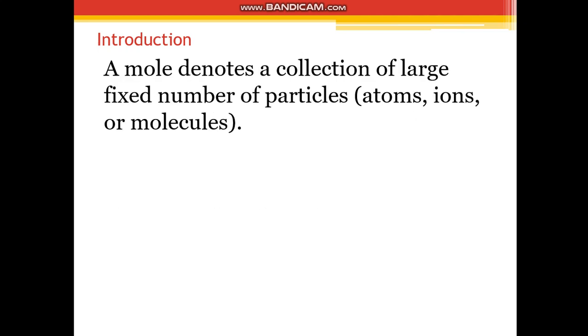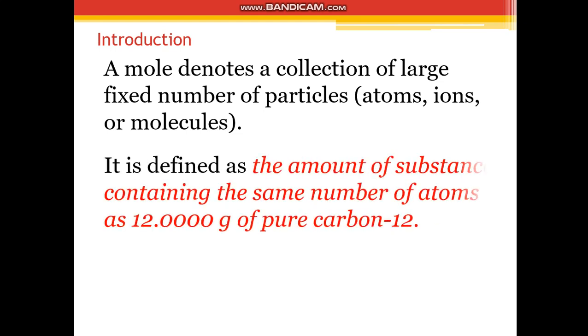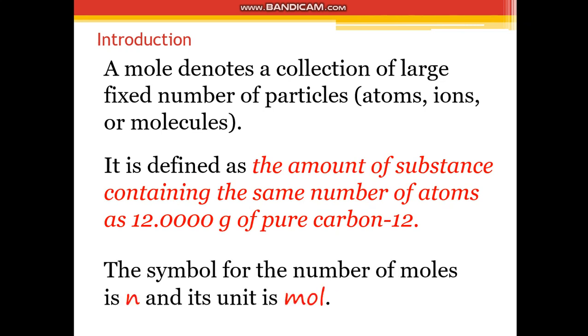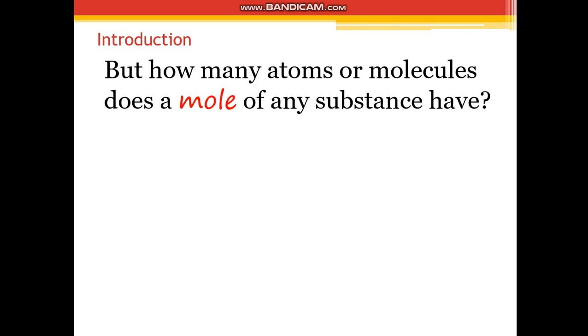A mole denotes a collection of a large fixed number of particles, such as atoms, ions, or molecules. It is defined as the amount of substance containing the same number of atoms as 12 grams of pure carbon-12. The symbol for the number of moles is small letter n, and its unit is mole.